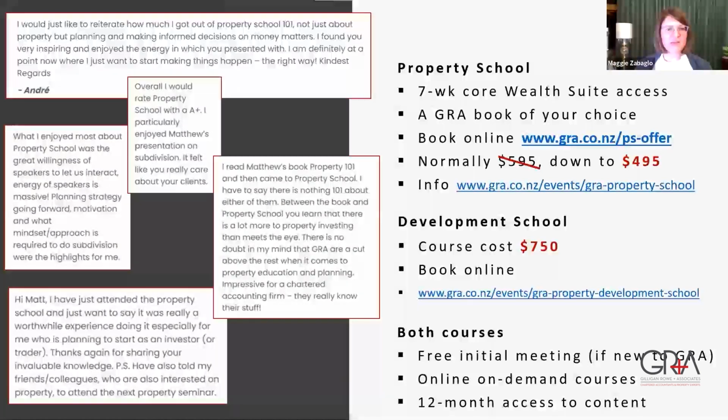Maggie asks, do you recommend investing regionally if one lives in Auckland, or is it best to be close to your portfolio? Well, what you've got to understand is when you buy properties, you're not going to live there, so it doesn't matter where you buy. It's all about cash flow, positive returns, and land banking.